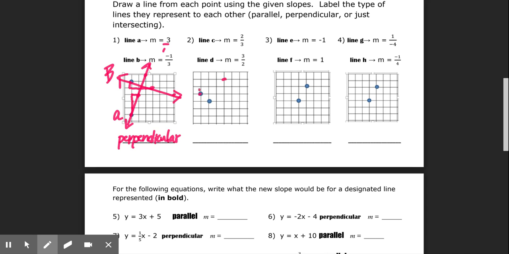Okay, so I went up 2 and right 1, 2, 3. And then, so that's all I can do actually there. Because even if I try to go down to left 3, I would still go off the graph. So this is line C right there.